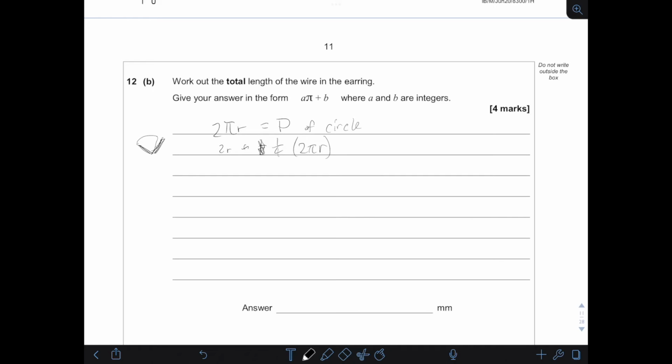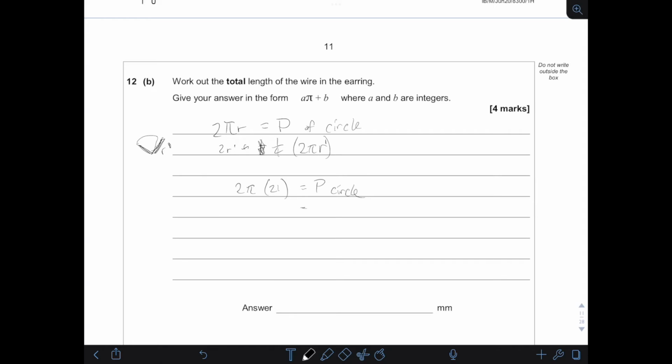And remember, the r's are different in these two things, so we need to be very careful. I'm going to write r prime as a distinction. So r prime is the small one, and r is the large one. So you know that 2 pi r is 21 millimeters as given, the perimeter of the circle.